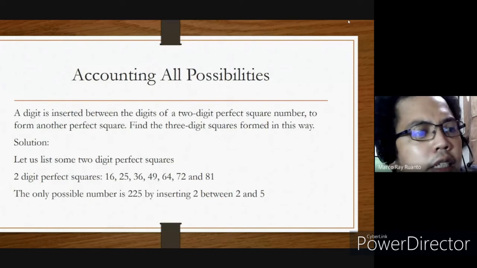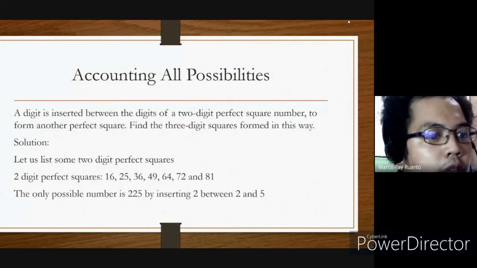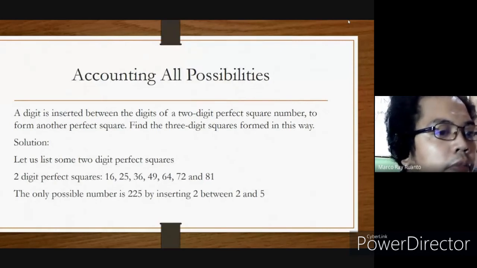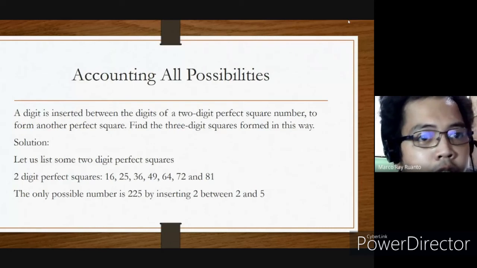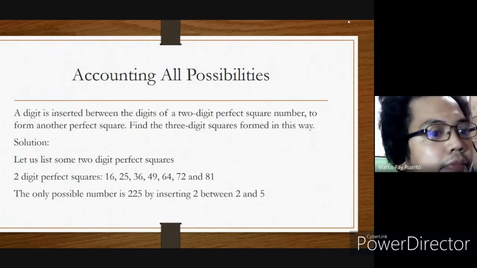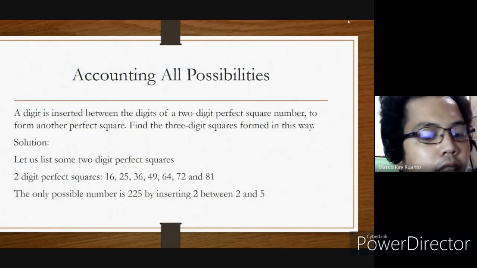But my guess is only 225 is possible. And for now, we'll just accept that the only answer is 225. Okay.